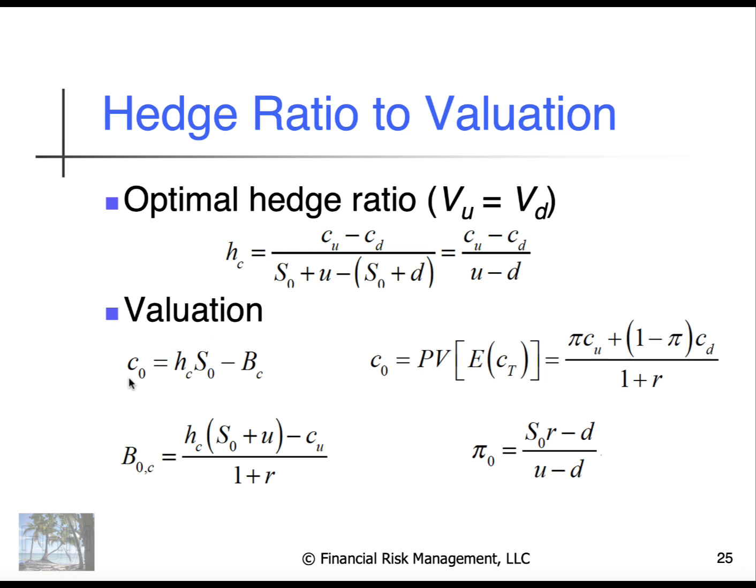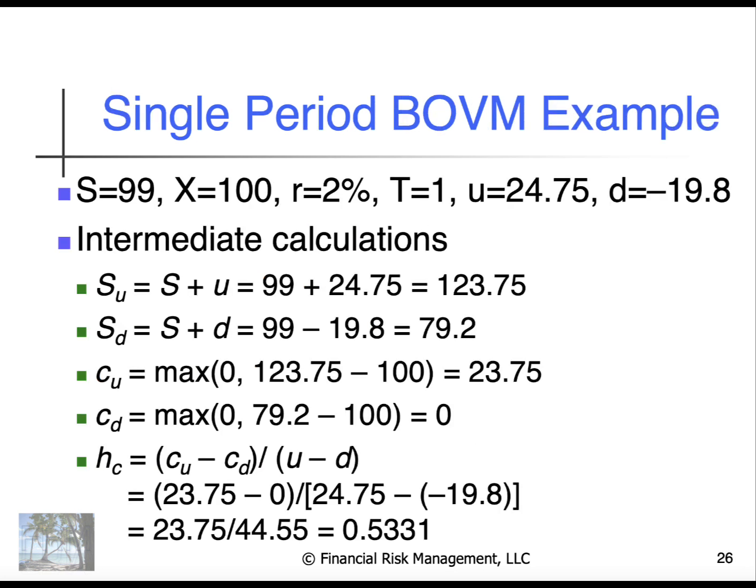Again, the valuation model is very similar to GBM in that we can see with the no arbitrage case that the call option is a leverage position in the stock. We buy a certain number of shares, we finance a certain amount. That's exactly equal to the present value of the expected terminal payouts, where the probability is found based on the equivalent martingale measure. And so there you can see a lot of similarities, but there are some differences.